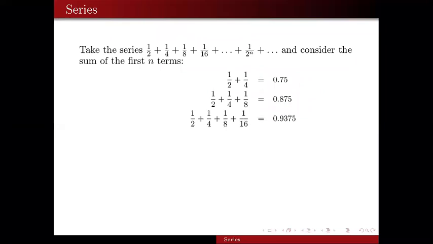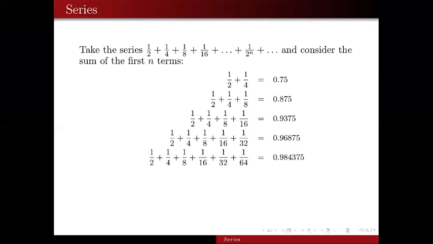Let's get the first four terms and then add them. You have 1/2 plus 1/4 plus 1 over 8 plus 1 over 16. You'll get 0.9375. We continue the process. First five terms, you'll get this number here.